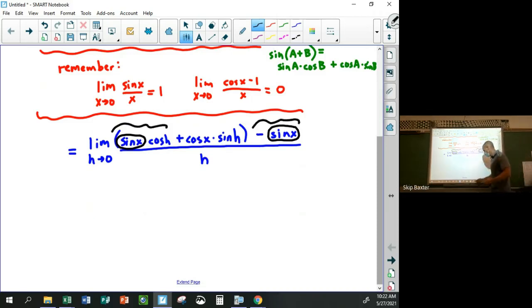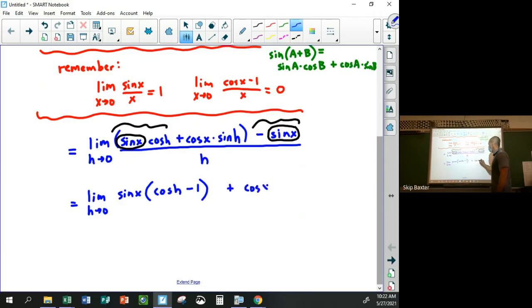So what I could do is take this term and factor a sine x out of those 2 terms. So this would end up being the limit as h goes to 0 of sine x times (cosine h minus 1) plus cosine x sine h. Everybody see the algebra I did? I just took a sine x out of here, which left me with cosine h, and I took a sine x out of here, which left me with minus 1.